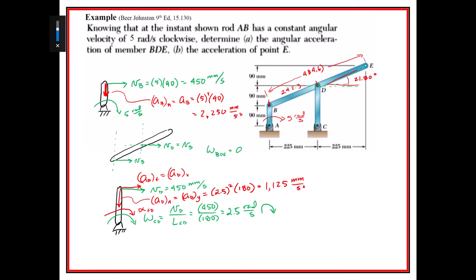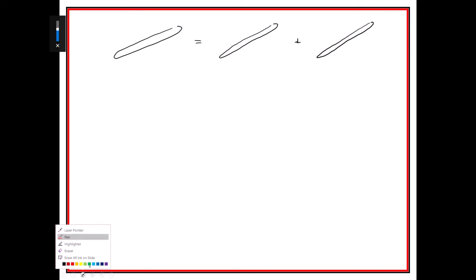Now that we have that information, we can attack BDE. So I'll start a new slide right here, and we'll draw this all in carefully. Right. So we do the 3 diagrams, and we apply what we know.